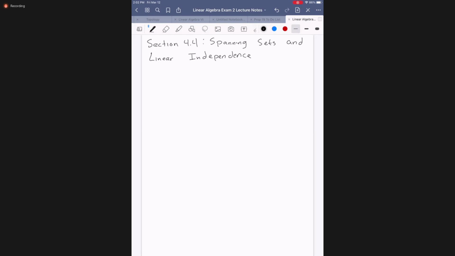And I think it's also one of the more abstract things that you guys will see. So basically the idea is this. I think I already introduced the notion of linear independence about two chapters ago.